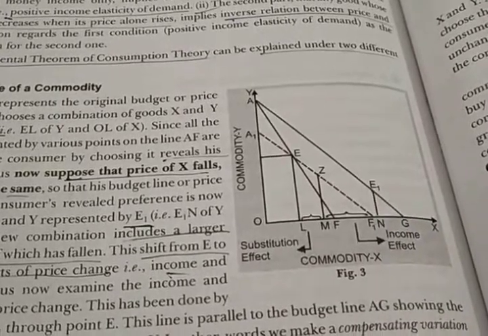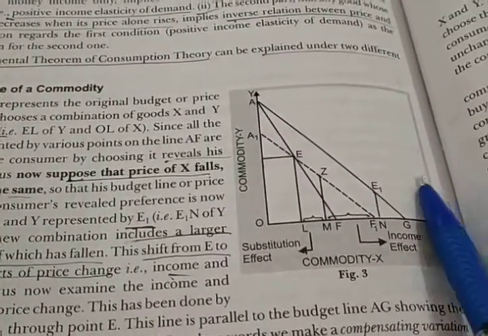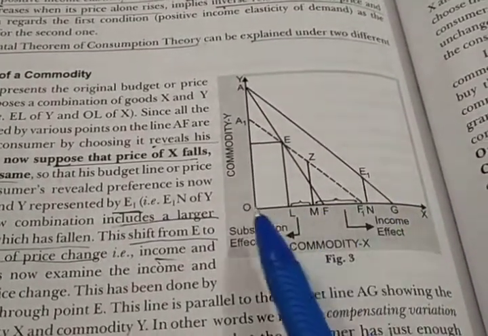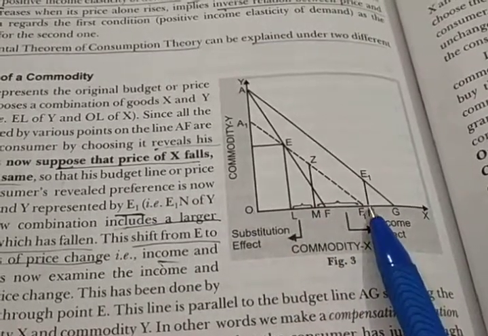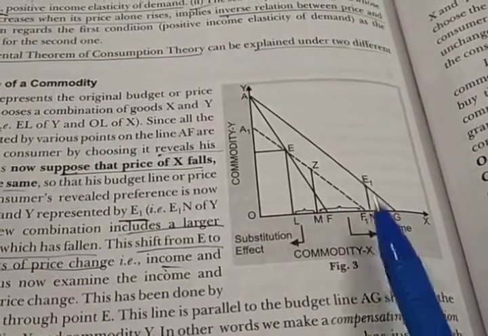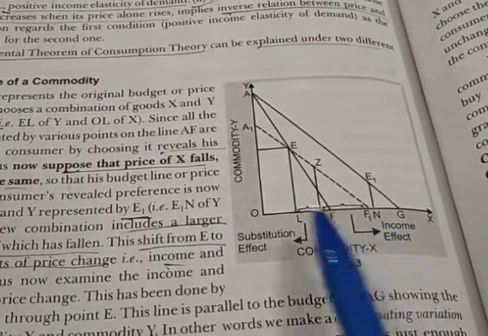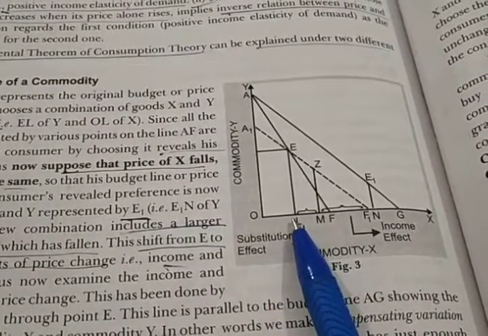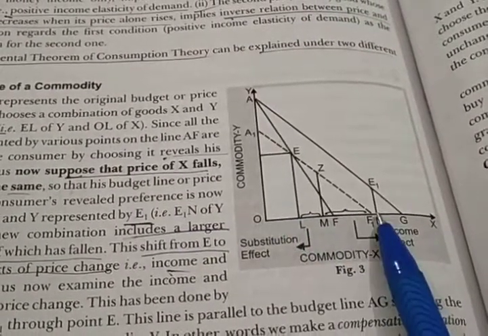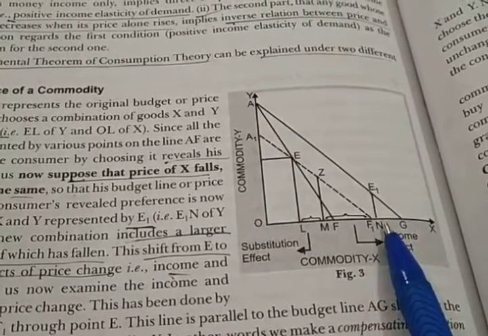So if he chooses the combination E1, this will mean that now he is purchasing ON of X good. So he is purchasing more of X good now. Earlier he was purchasing OL of X good.